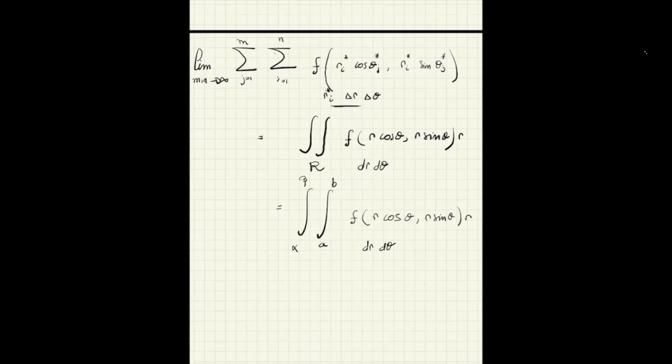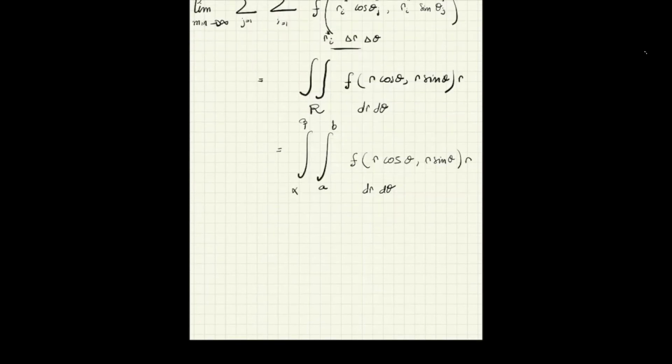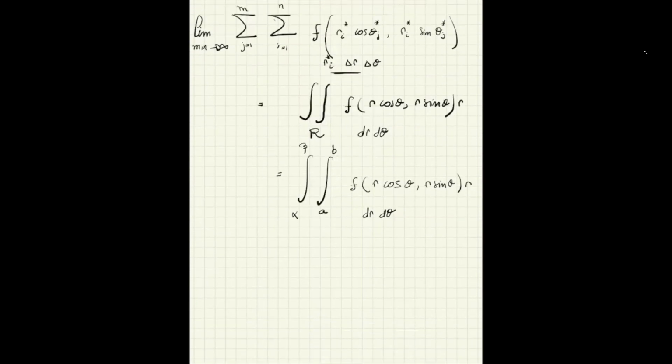Okay, this is a bit too abstract. Let me do an example. It's best if we do this in an example. And then also it's exactly the same thing as with the rectangles in the Cartesian coordinates. We're going to have also region 1, region 2, but it's the same thing.